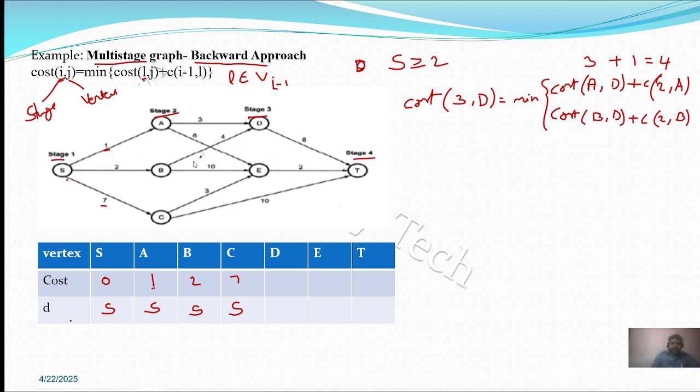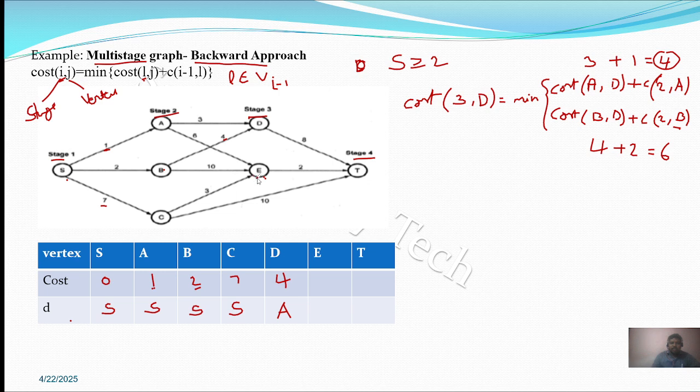The cost of BD is 4. 4 plus the cost of B, that is 2, gives 6. So the minimum is 4. I have to note down in D the 4 from which vertex: vertex A.